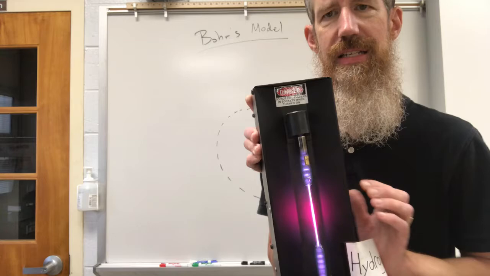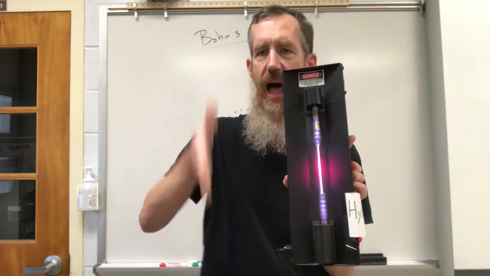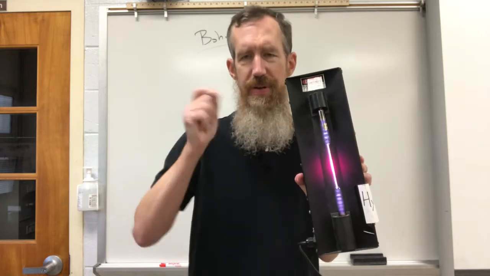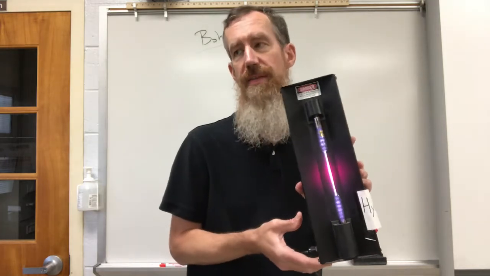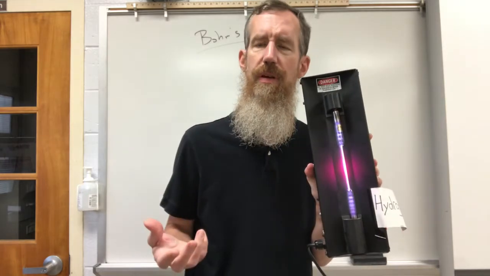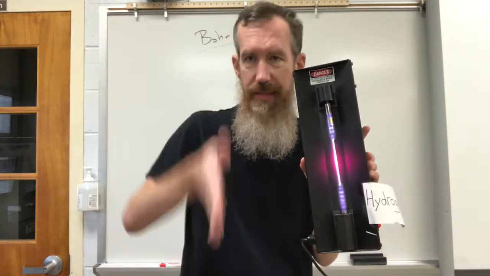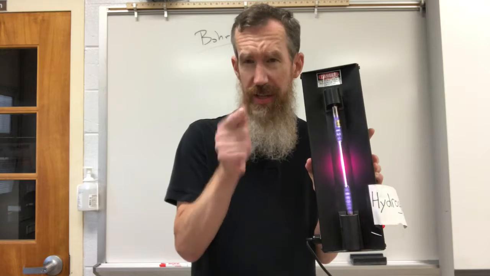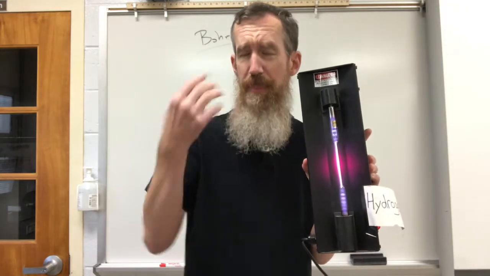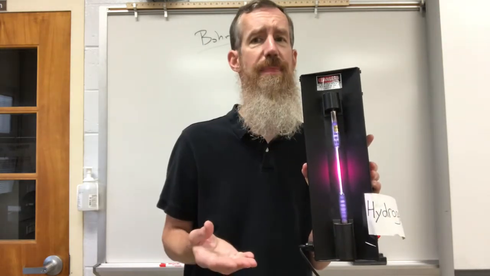Now, because you're seeing those very crisp lines of light, that means that particular light has a very particular wavelength, or frequency actually. Well, wavelength and frequency, but we're going to focus on frequency. So that red line is one frequency of light, and it happens to appear to human beings as being red.